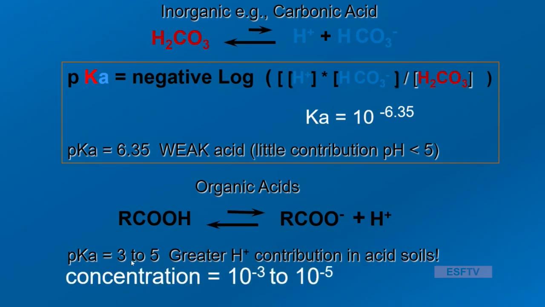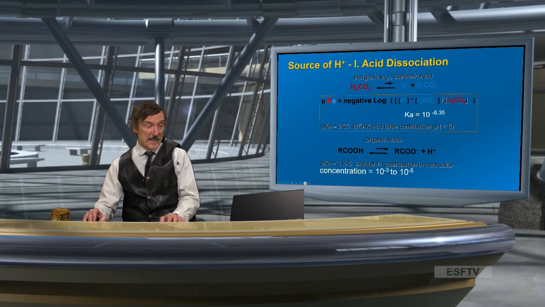The concentration is 10 to the minus 3 to 10 to the minus 5, and the pKa is 3 to 5. Just keep that relationship in mind, and it'll be very helpful: big pKa's, little dissociation, weak acids. Small pKa's, a lot of dissociation, strong acid.